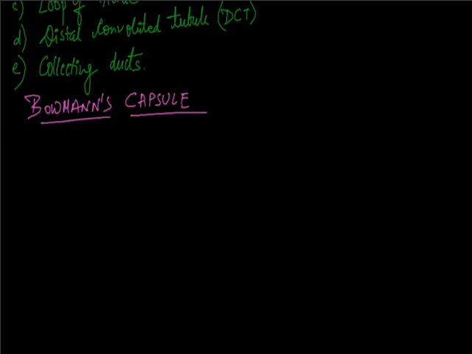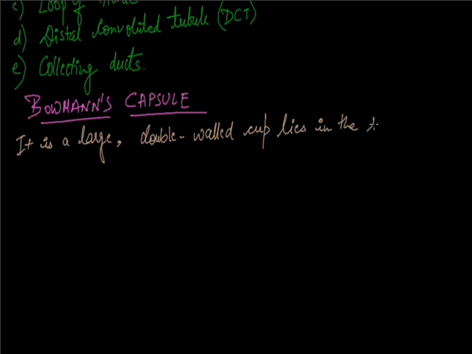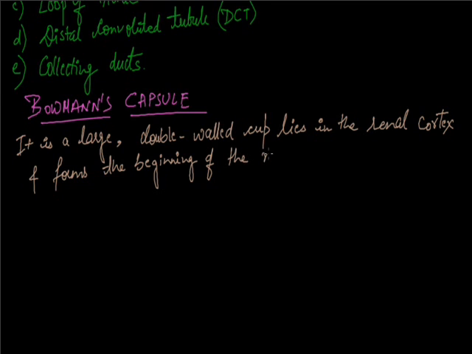Bowman's capsule. It is a large double walled cup lying in the renal cortex and forms the beginning of the nephron.